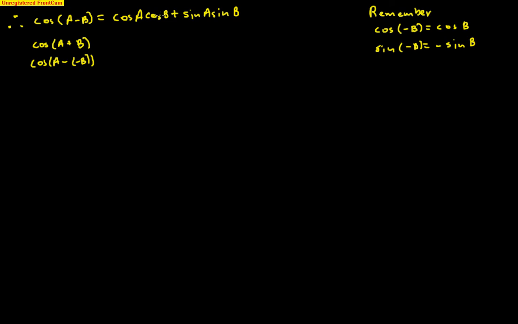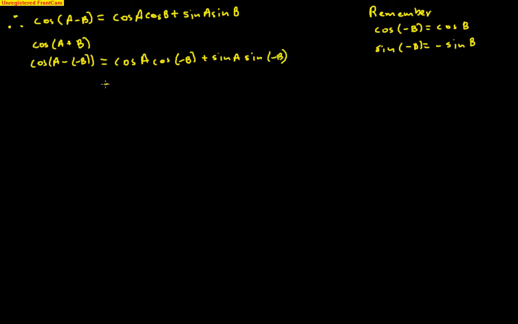Now if we expand cos of A take negative B, we're going to get cos of A cos of negative B plus sine of A sine of negative B.